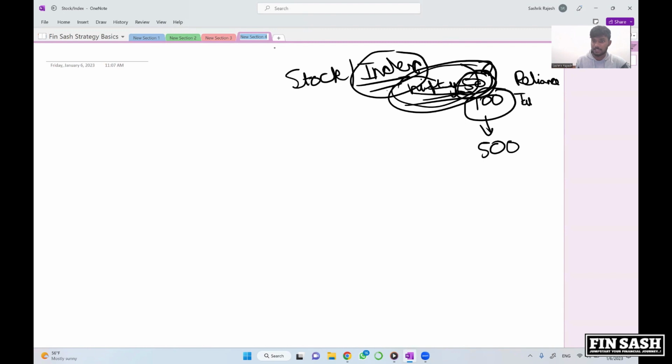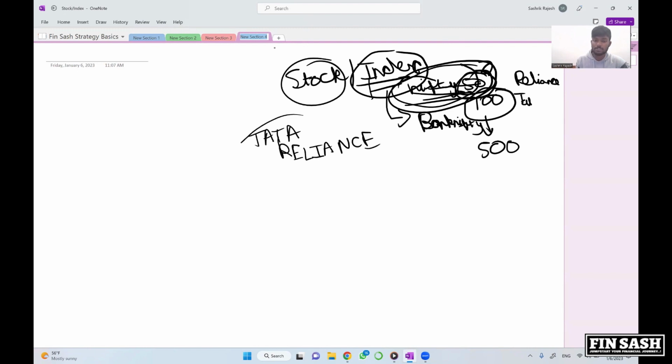That's an index. An index can also be Bank Nifty, all the banking stocks of the market. What's a stock? For example, Tata Motors or Reliance. All these are stocks, right? So a bunch of stocks basically make an index, right?